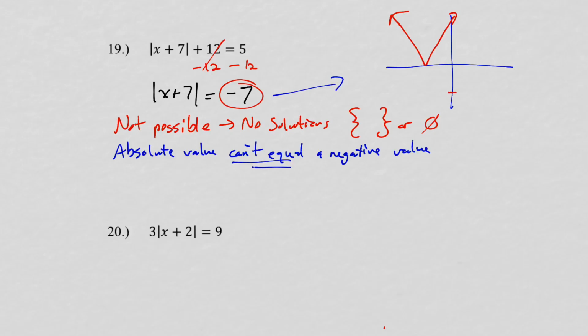So let's say negative 7 is right here. So the question is, when do these two equations equal each other, the absolute value and the negative 7? Never. As you can see from the picture, they do not cross or intersect. So this is why you've got to check if your value is negative on the right side, because if it is, then there are no solutions.